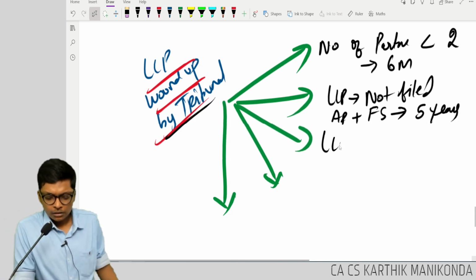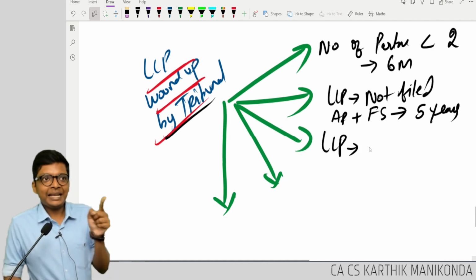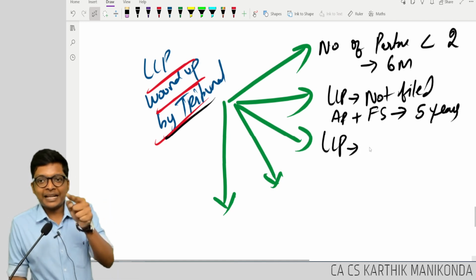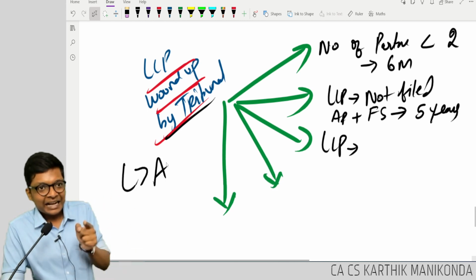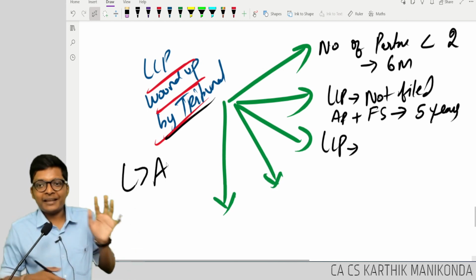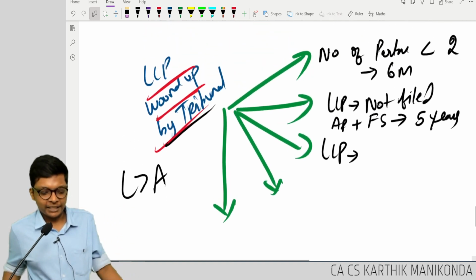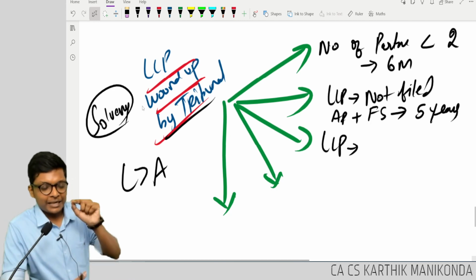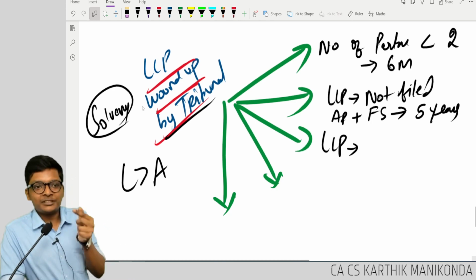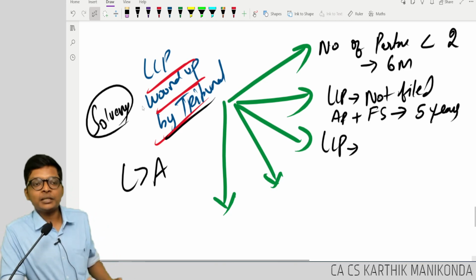Next, LLP is a concept of limited liability. So the day liability crosses assets, that means it does not have enough money. That's why LLP files a declaration of solvency. That means LLP has to file annual accounts and a declaration of solvency. What is the meaning of that?